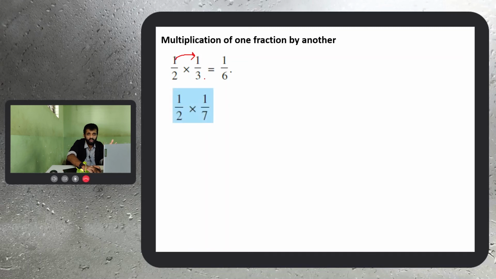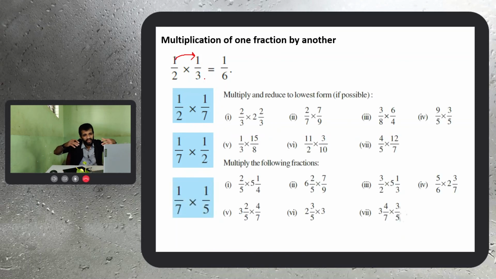Same way you can try solving this and this and this and all these. Please practice the problems. If you practice, then it will be better. Here, a fraction is given. What kind of fraction is this? Numerator is small, denominator is big, it is a proper fraction.